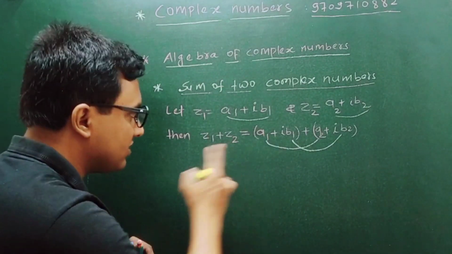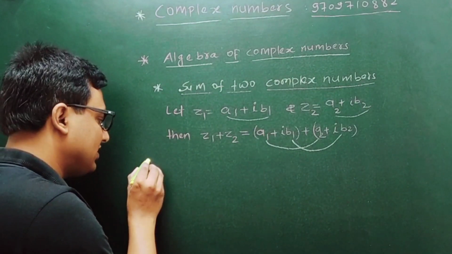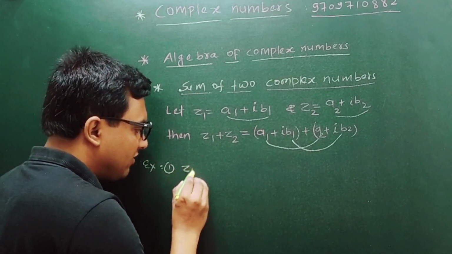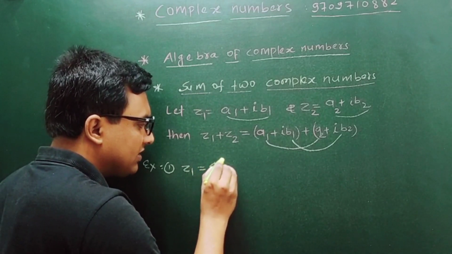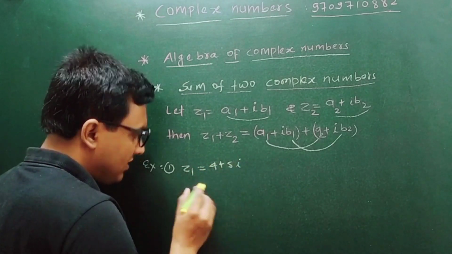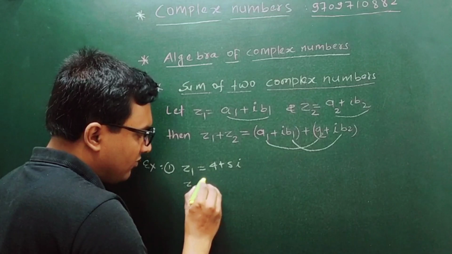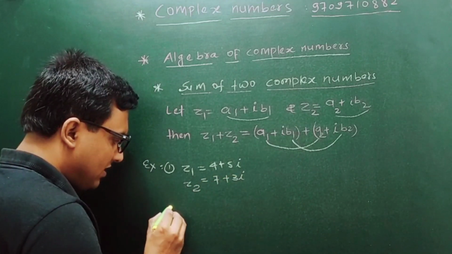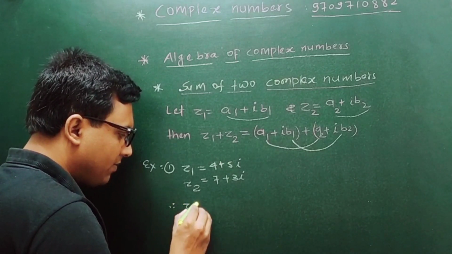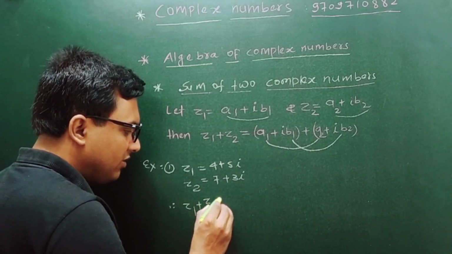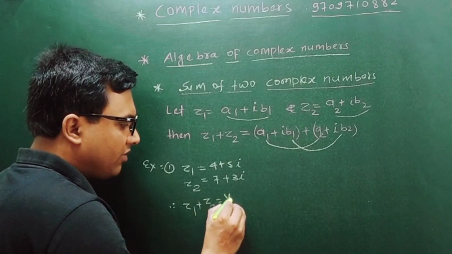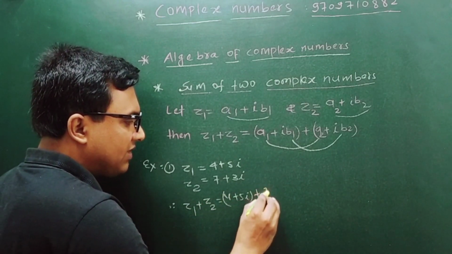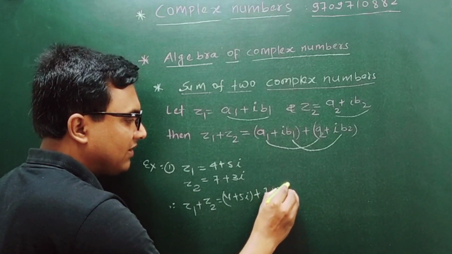We clear this concept with an example. z1 is equal to 4 plus 5 iota, z2 is equal to 7 plus 3 iota. Therefore z1 plus z2 is equal to 4 plus 5 iota plus 7 plus 3 iota.